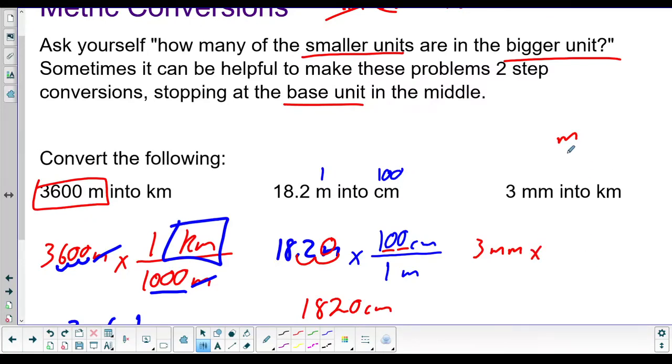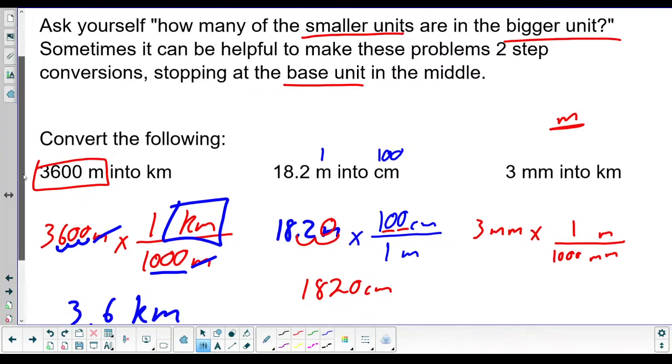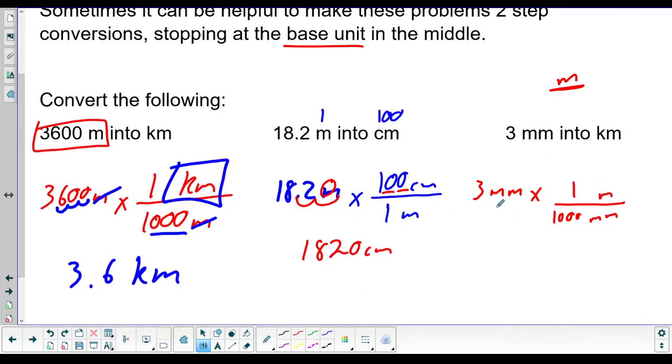Now, we want to convert that to the base unit, the middle unit, meters. So put our millimeters on the bottom because we want to cancel them out. So, how many millimeters are in 1 meter? There's 1,000. So, 1,000 millimeters in 1 meter. Then, this is going to convert us into meters.